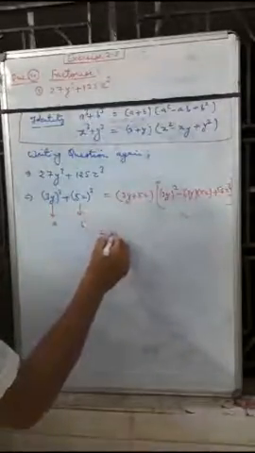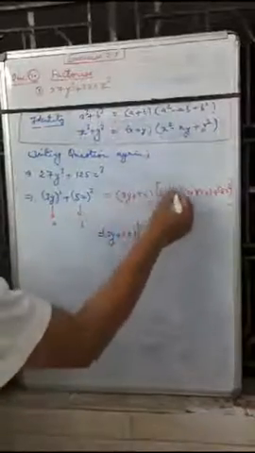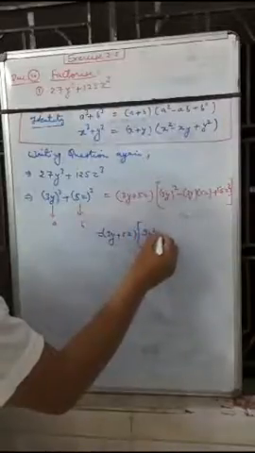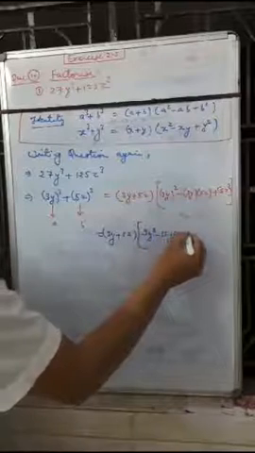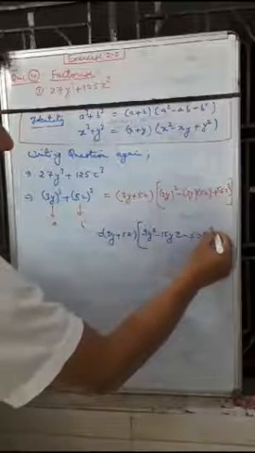So (3y plus 5z), and here (3y) whole square, 3 threes are 9, y square, minus 5 threes are 15 yz, plus 5 fives are 25 z square.